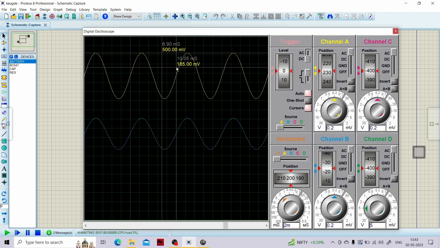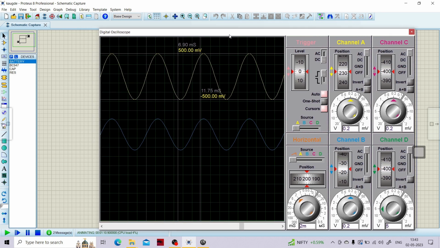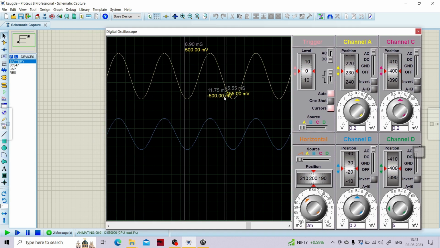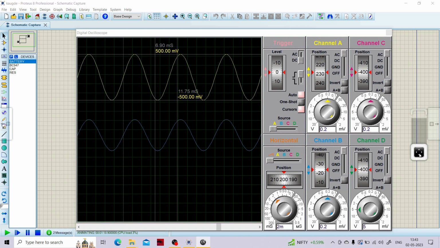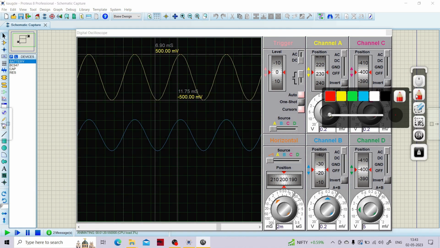Yeah, so this is 500 millivolts up and this is 500 millivolts down. You can clearly see over here. When we subtract both of them, we'll get 1 volt peak to peak. Although I had explained this part, just for your better understanding I will explain it one more time.